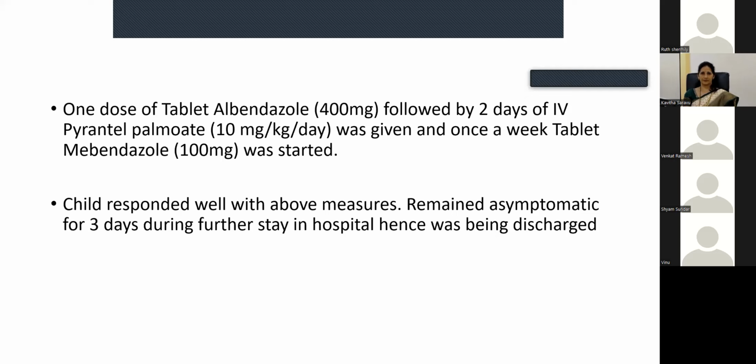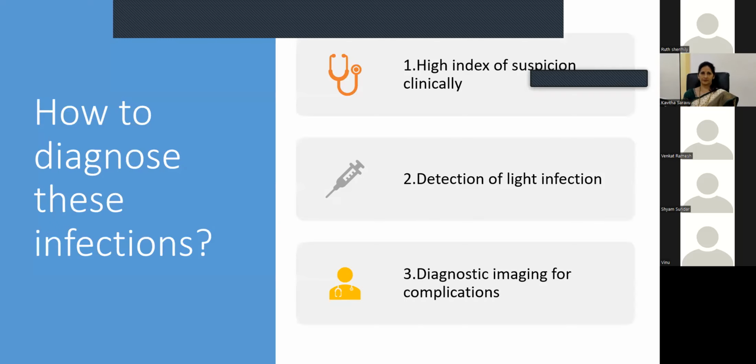So clinicians should focus on the child's cognitive development, and they should take his weight according to age. Now coming to the diagnosis. These helminths are usually asymptomatic, or only mild symptoms may be present.